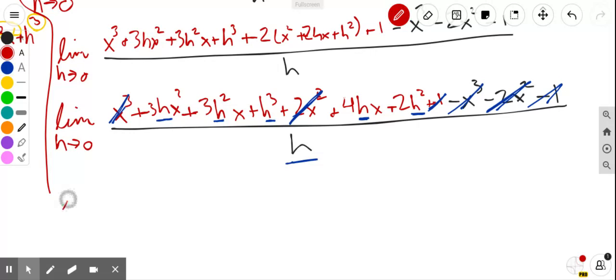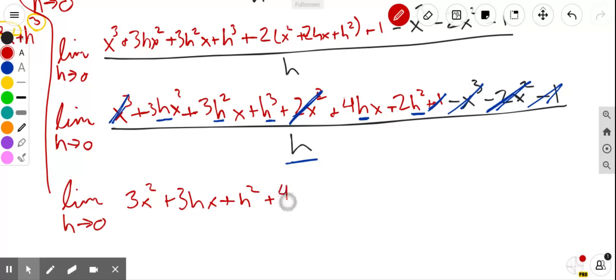So in this limit as h approaches 0, you divide every remaining term by that h, and that should net you 3x squared plus 3hx plus h squared plus 4x plus 2h.